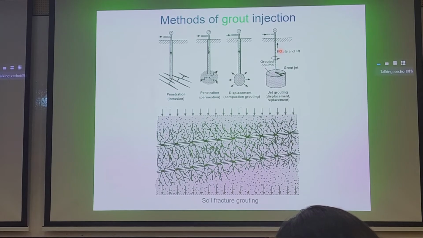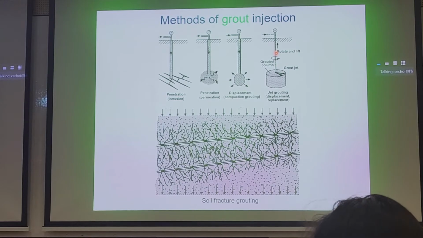There's a single nozzle, dual nozzle, triple nozzle approach. Single nozzle will inject grout at high pressure, and this rod here will continuously spin. So it's concurrently mixing the soil in situ and injecting grout. So that's for the single jet or single nozzle. For the double jet or double nozzle, you will inject grout and high pressure air. High pressure air will further increase the mixing.